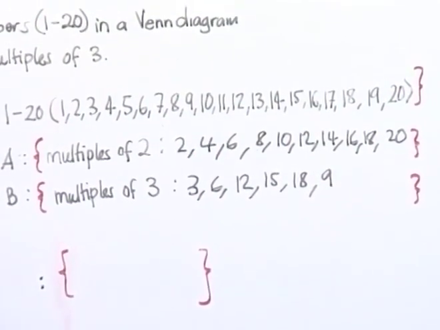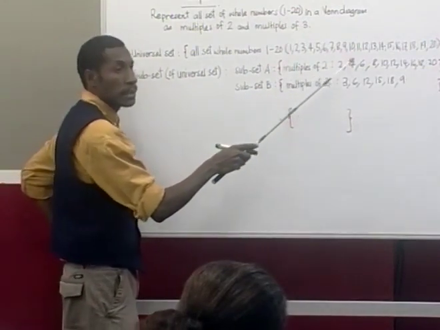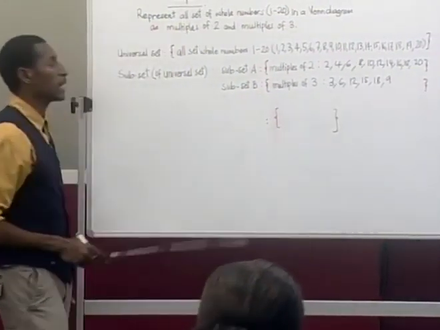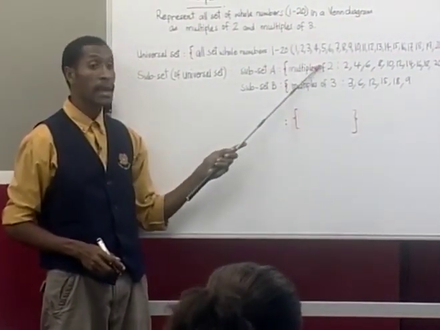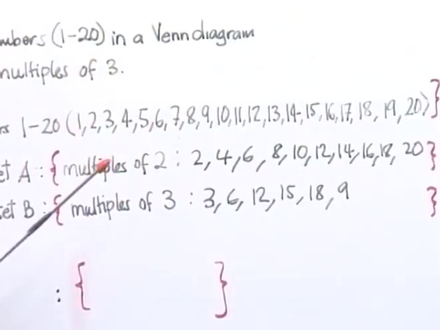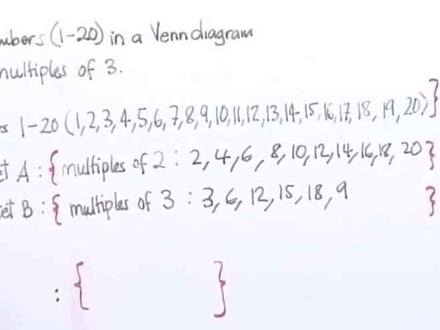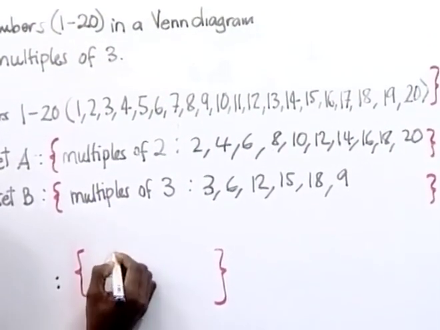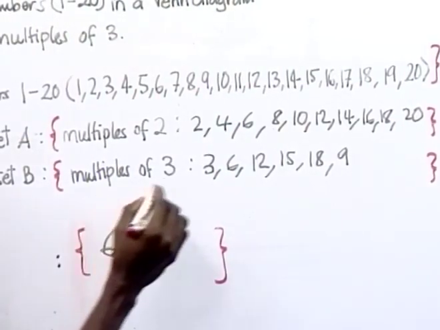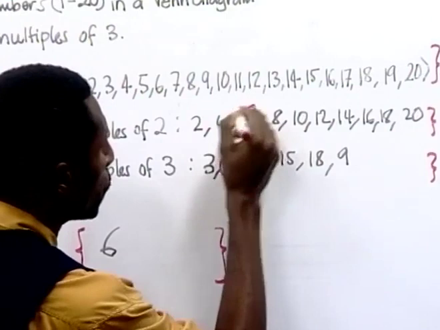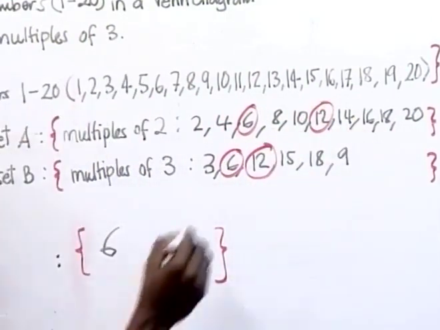Now, look at these two subsets and try to find out numbers which are common. You can find them in subset A and subset B. Six. Let's indicate the numbers first. So 6 is common here, 12 is common here, and 18.